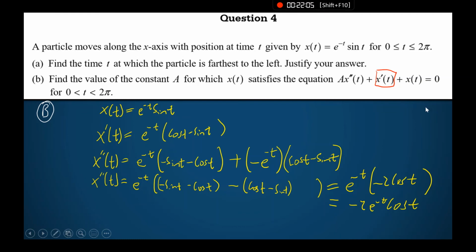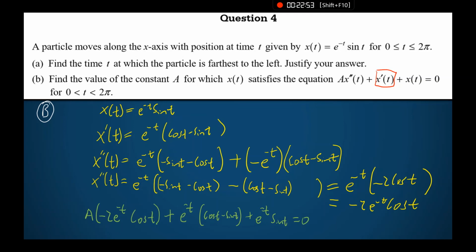So this is a times x prime prime of t, or a times negative 2 e to the negative t cosine t, plus e to the negative t times cosine t minus sine t, plus e to the negative t sine t is equal to 0.